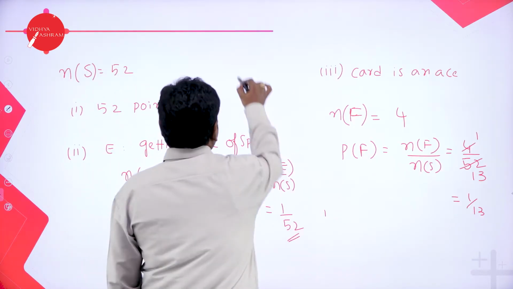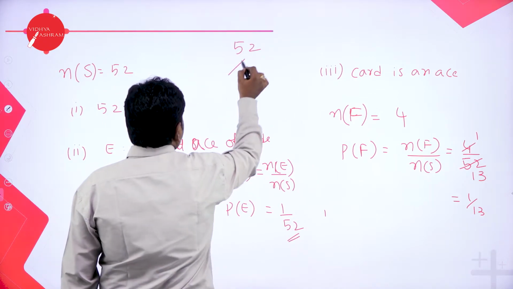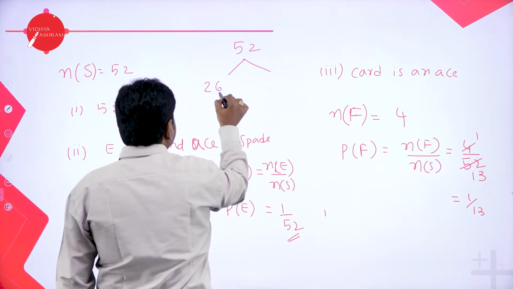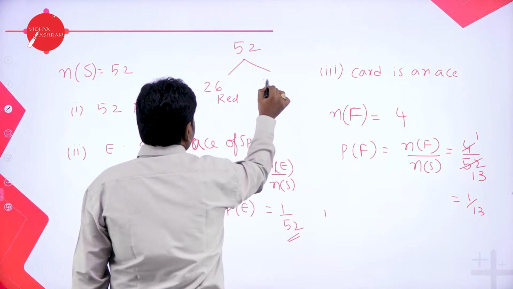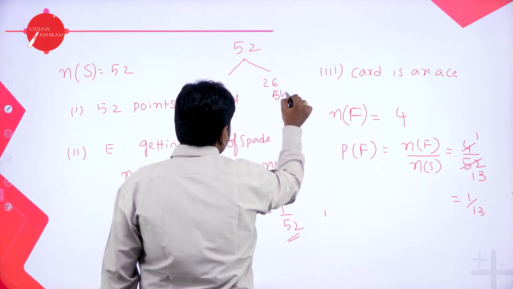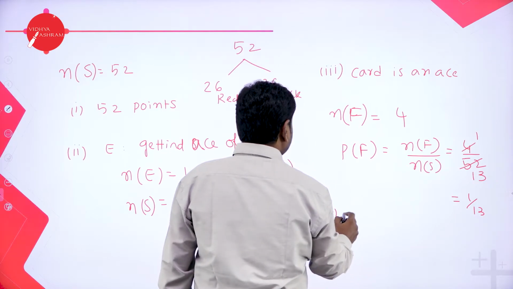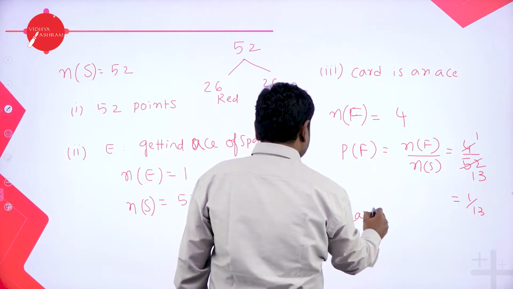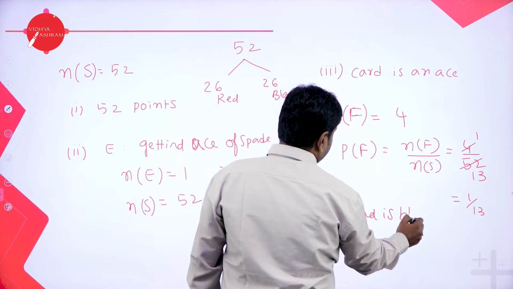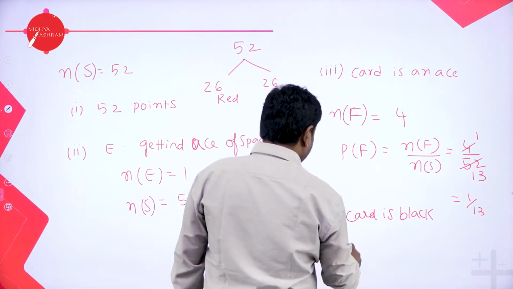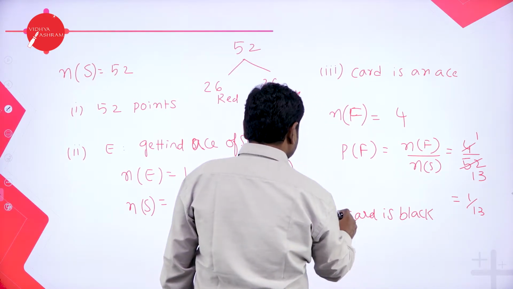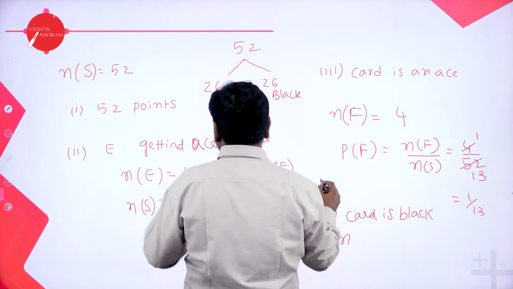So dear students, in a pack of 52 cards, half of them, 26, are red cards and the other 26 are black cards. Therefore the fourth event is: the card is black. A card drawn is a black card. I call this event D, since events E and F we have done.